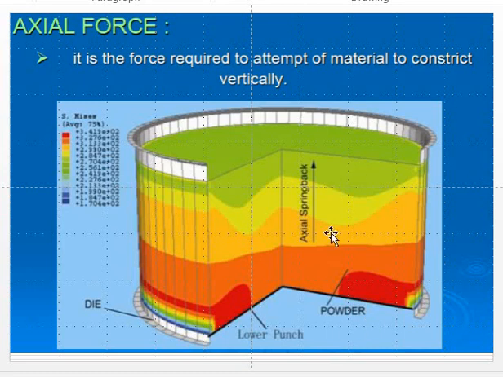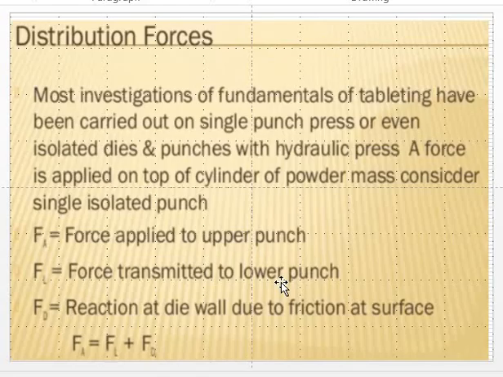See, these are the various kinds of pressure toward the die cavity as well as toward the lower punch. Now, distribution of the forces. Most investigations of the fundamentals of tableting have been carried out on single punch presses, or even isolated dies and punches with a hydraulic press.